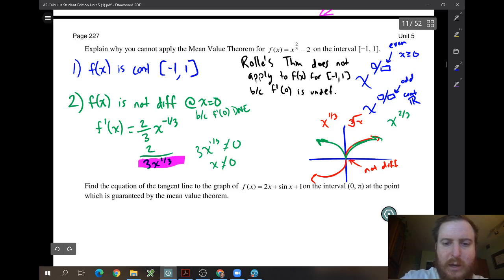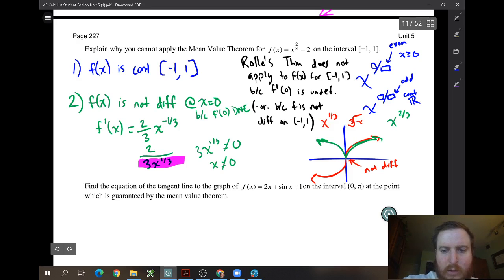Or you could say, because f is not differentiable on -1 to 1. So that's kind of our explanation there.